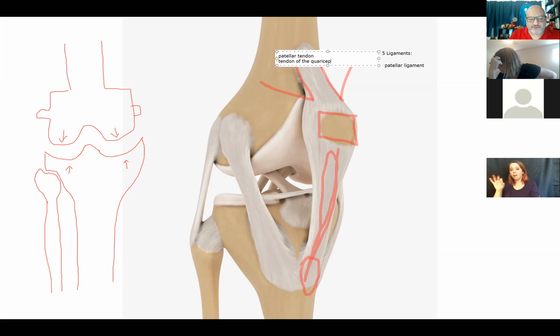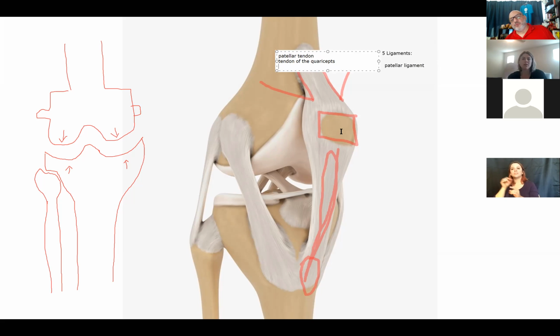The quadriceps femoris, right? That is the rectus femoris, the vastus medialis, vastus lateralis, vastus intermedius. Those 4 muscles all come into a single tendon that attaches to the patella, and then the patella ligament goes from the patella to the tibial tuberosity. So all the muscles of the quadricep actually insert into the tibial tuberosity, and they do it through this tendon.